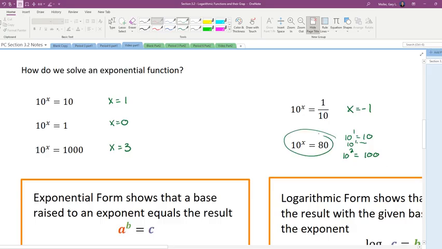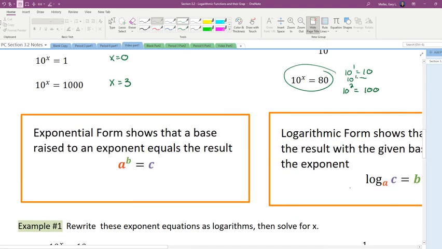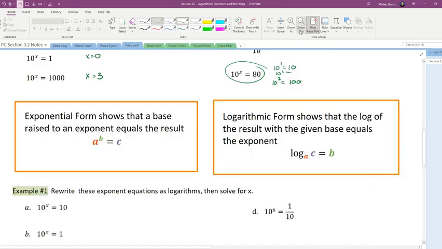This problem, and technically all of these problems, are why we have logarithms. So if you recall from Algebra 2, logarithms are the inverse functions of exponents. So we have these statements right here. An exponential form shows the base raised to an exponent, and that equals the answer. So a to the b equals c.